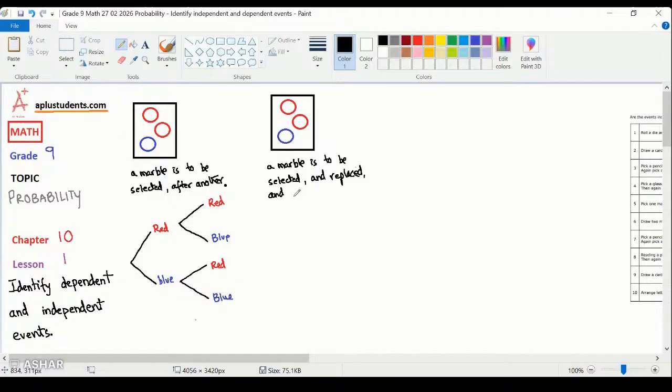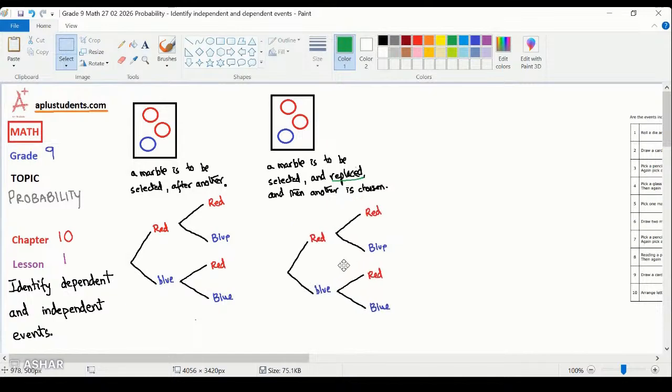And then another is selected. Another is chosen. The difference of the words is replaced, and we do not have a replaced in the first case, right? So what happens is, I'll make the tree diagram again.